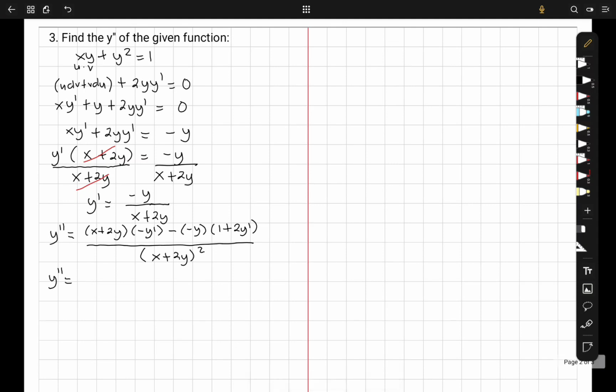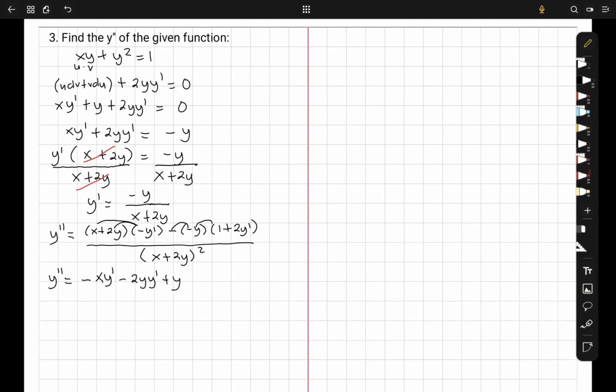So, y double prime is equal to, distribute lang natin. That will be negative x y prime, negative 2y y prime, tapos ganun din dito, multiply na natin, magiging positive y.